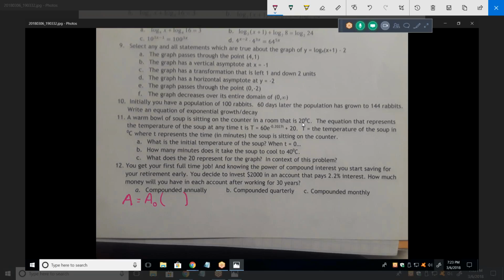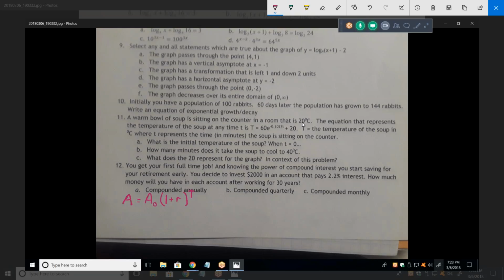Then 1 plus r over n. Not for annual. For annual, well, you could use r over n. It's just that n is 1. In other words, n is the number of times per year it is compounded. So when you're compounding annual, n is 1. You don't need to even write it in either spot. Okay. That's T right there. Okay, so that's compounded annual.